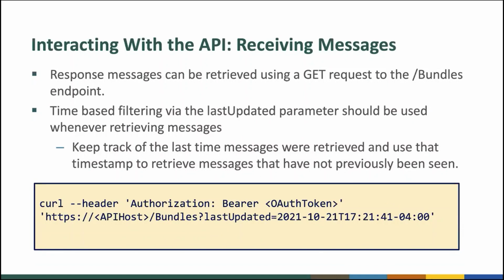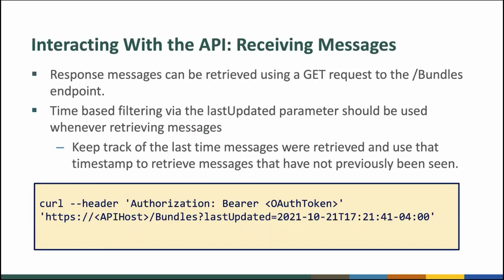So we've talked about posting messages to the API. There's also the reverse flow of data from NCHS back to the jurisdiction. And in this case, receiving messages can be done by using a GET request, again, to that same bundles endpoint. The idea behind this is that this will be a regular request that's made to the server by the system to look for any new responses by the jurisdiction system.